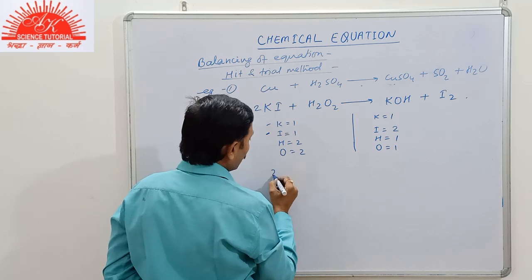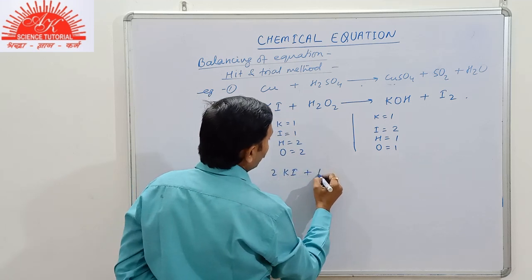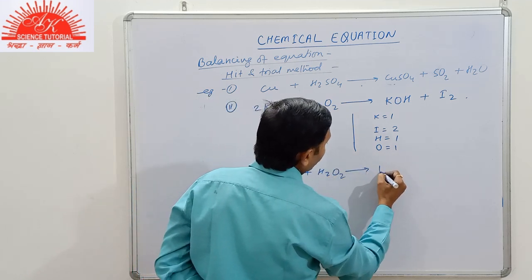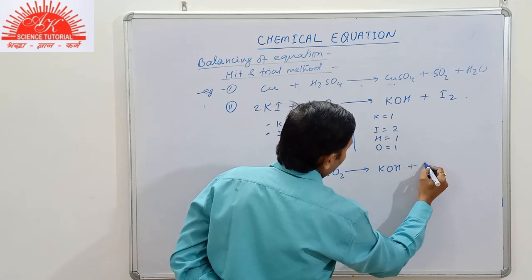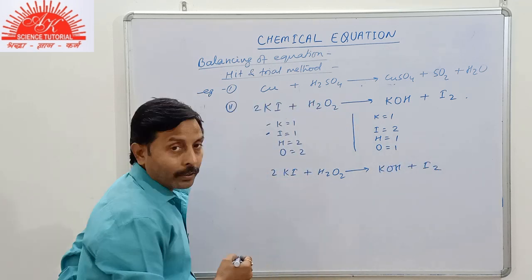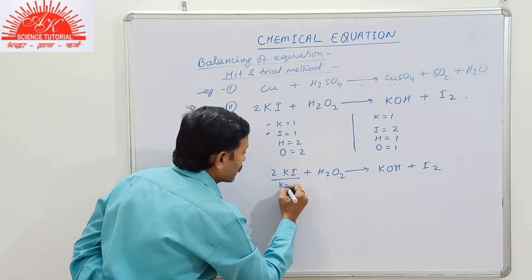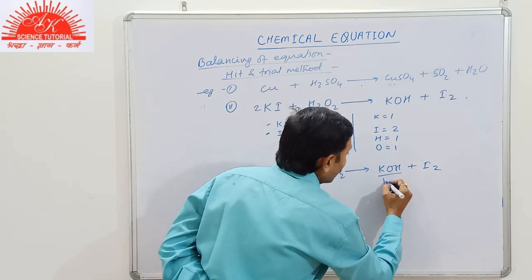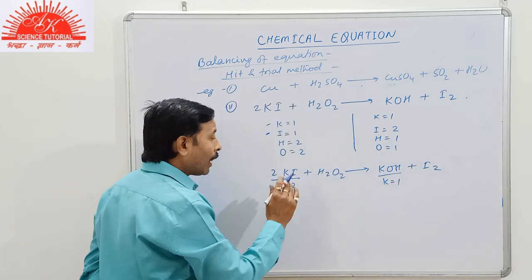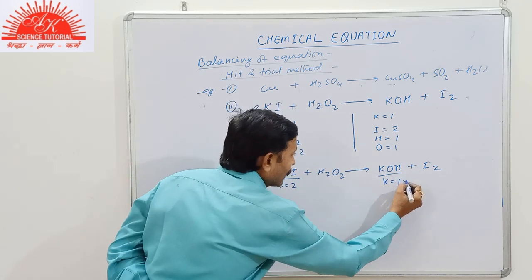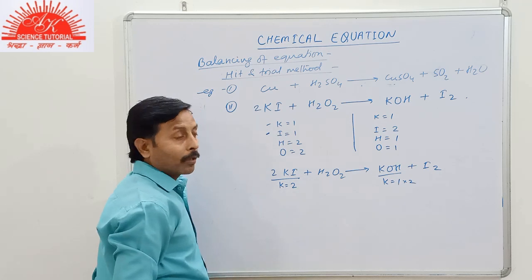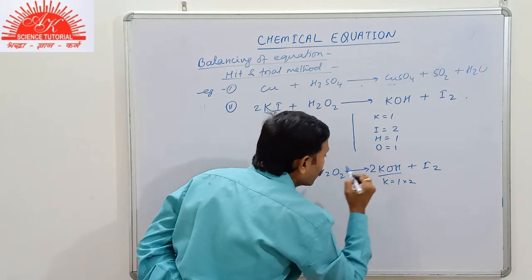That is 2KI plus H2O2 gives KOH plus I2. But now on this side there are 2 potassium and on this side there is 1 potassium. So now potassium is balanced by putting 2 here.